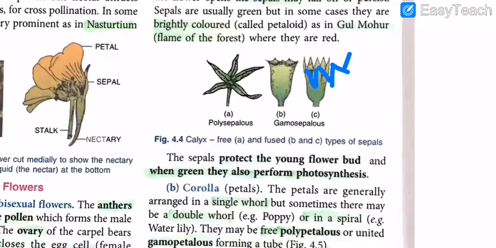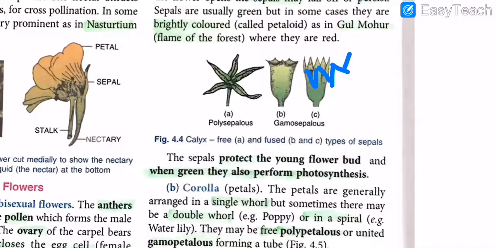Because as we have learned in our lower grades, the main function of the sepals is to protect the flower in its bud stage. Once the flower has opened up, the sepals' job is done and they may fall off, right? So that is the main function of sepals.